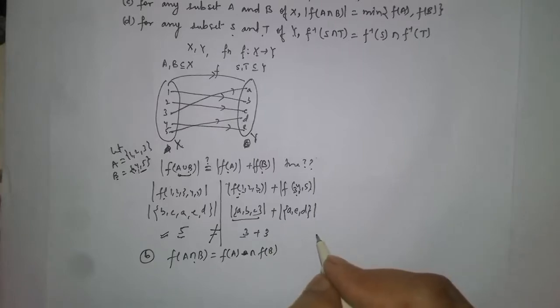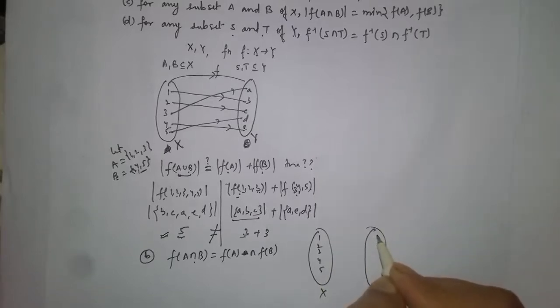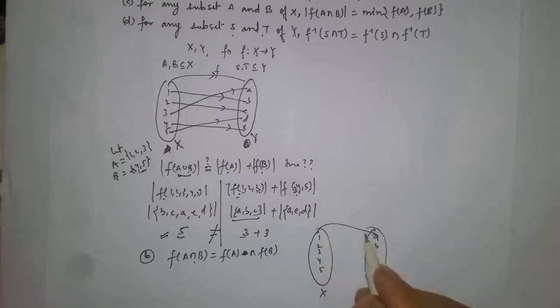I am taking a function: this is set X, 1 2 3 4 5, and this is set Y of a b c d e, a function from X to Y. Suppose 1 is mapped to a, 2 is mapped to b, 3 is mapped to again b, 4 is mapped to d, 5 is mapped to e.